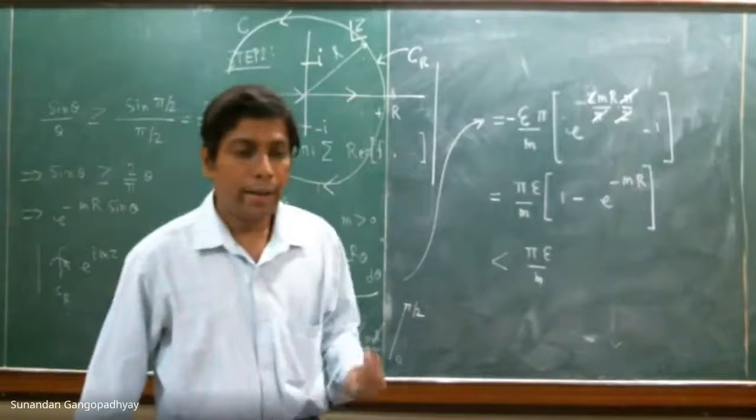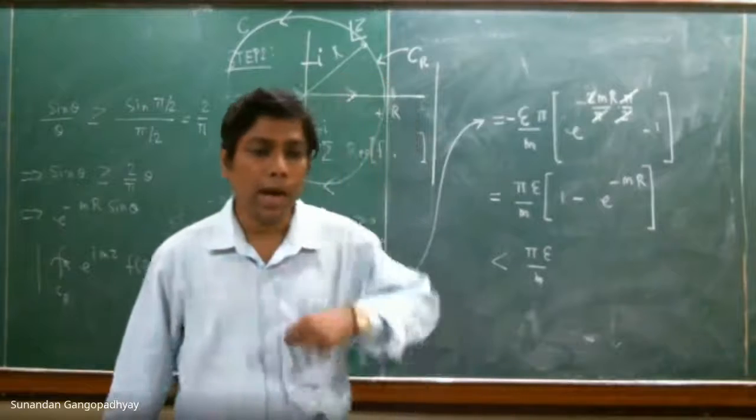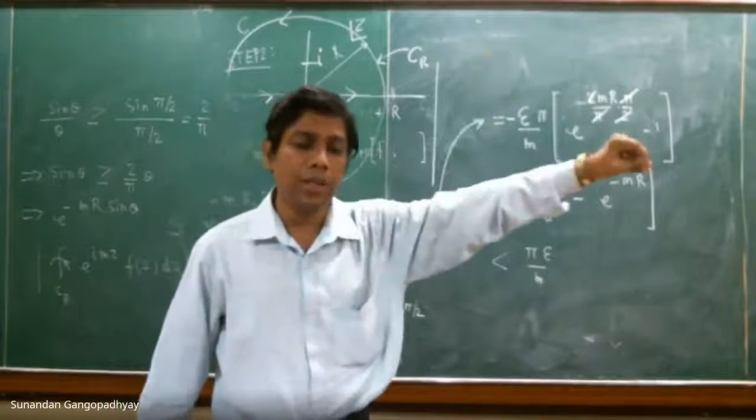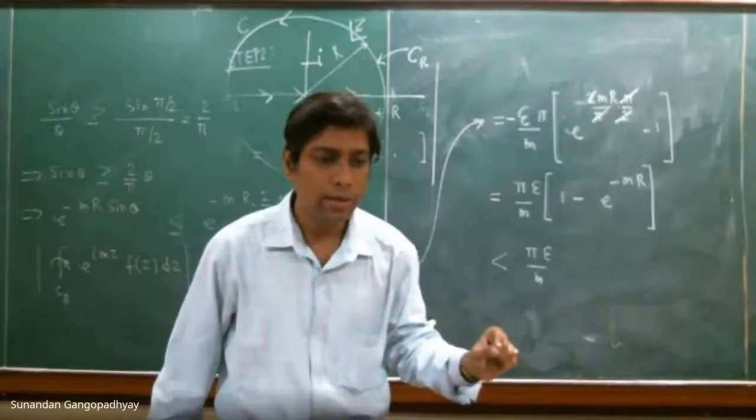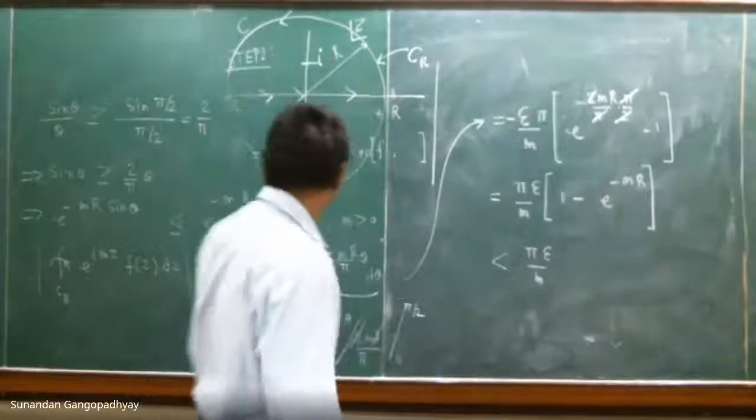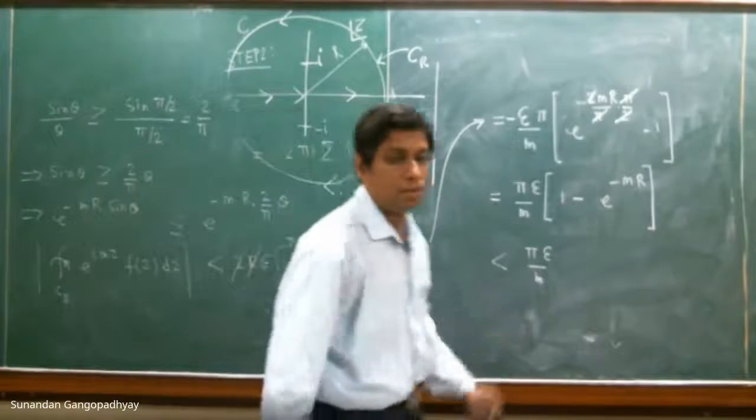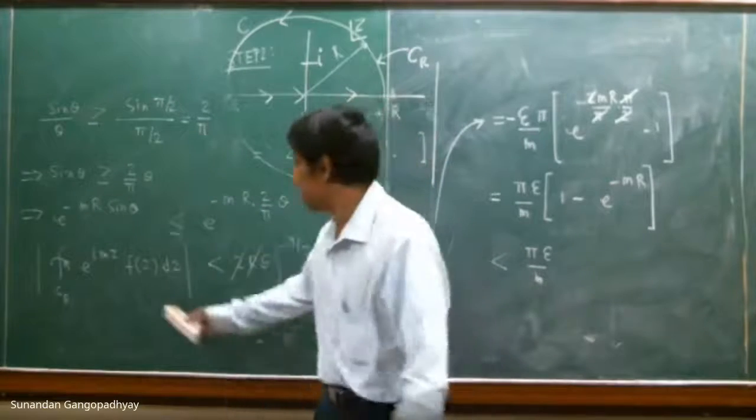And epsilon you can choose arbitrarily small, as r goes to infinity, epsilon goes to 0, right? So epsilon goes to 0 means this quantity goes to 0. So it basically tells us that the modulus of this quantity goes to 0.